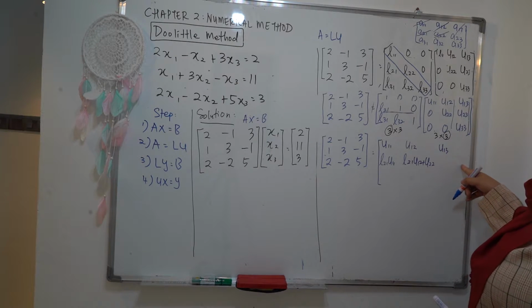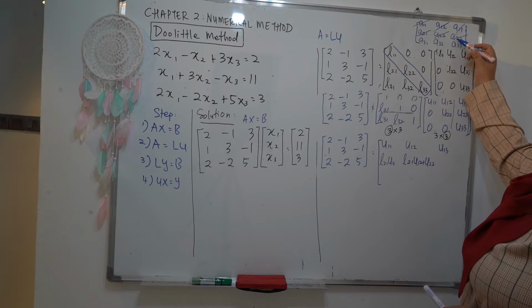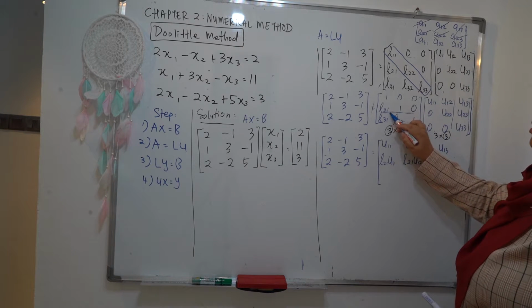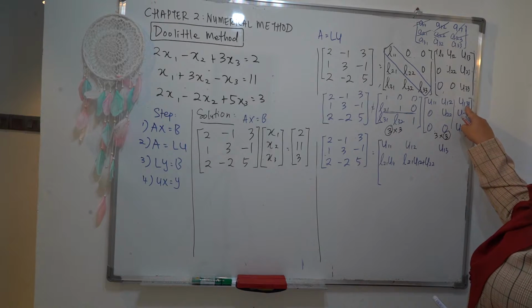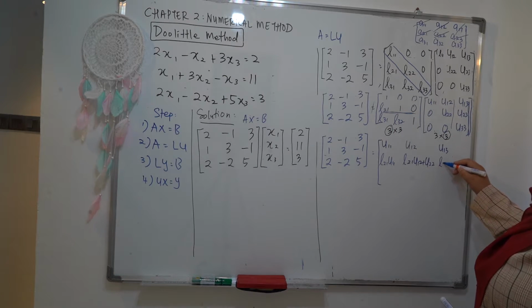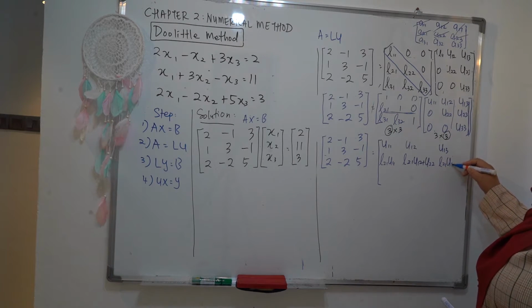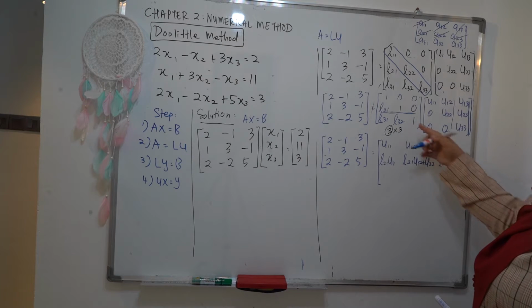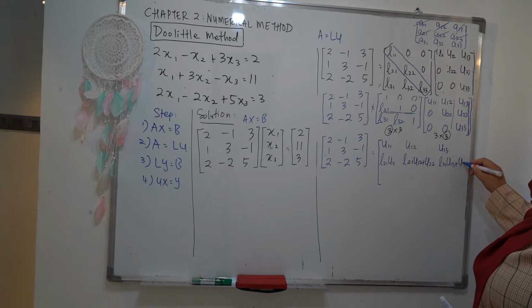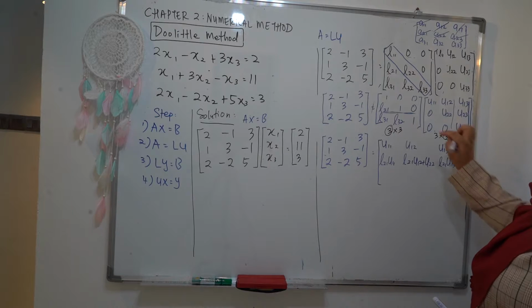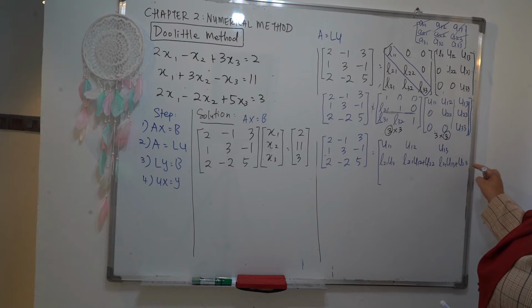Okay, the next element is A23, which means row 2, column 3. So the first element with the first element, L21 U13, plus 1 times U23, plus 0 times U33 is 0.